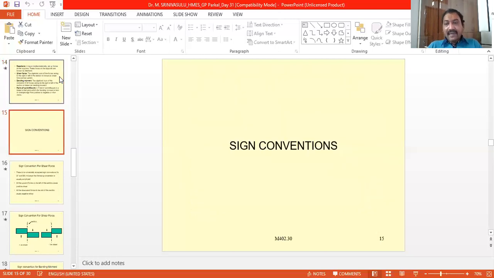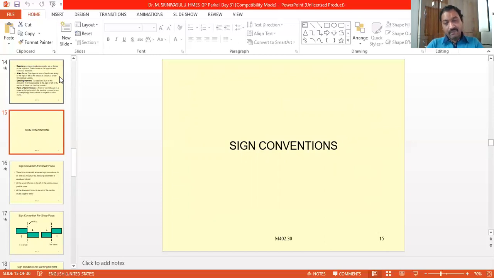Now the sign conventions. As I told you, some of the forces create positive shear force and positive bending moment, whereas some of the loads acting on the beams produce negative shear force and negative bending moments.